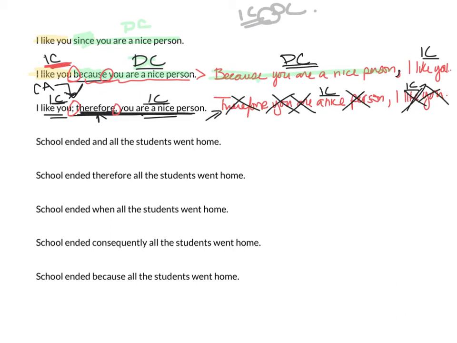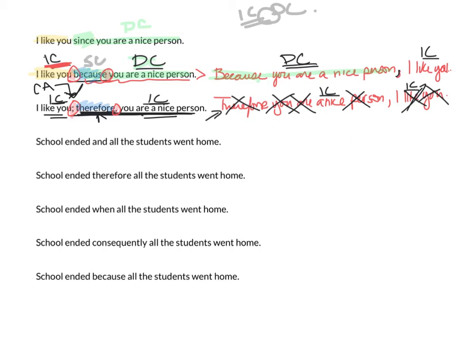So how do you know if you need a semicolon and a comma, or whether you need no punctuation at all when you've got a fairly large conjunction in the middle? Well, it's very simple. If you can flip-flop that sentence, you have a subordinating conjunction.